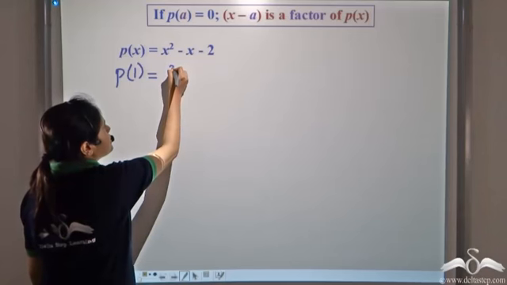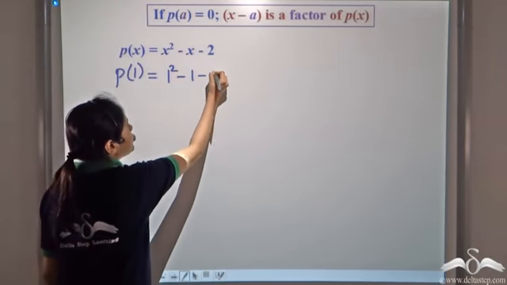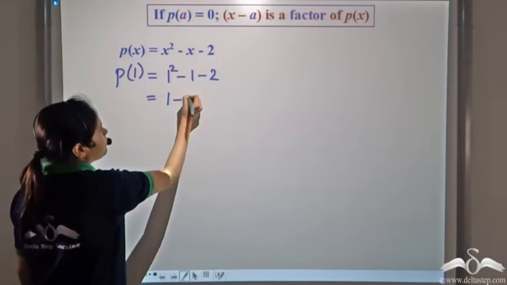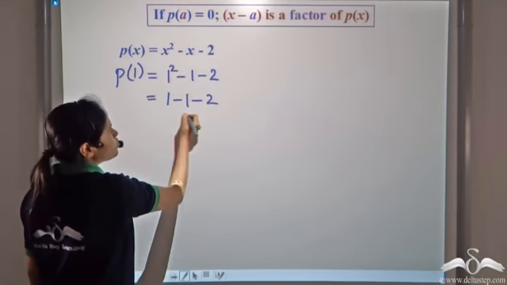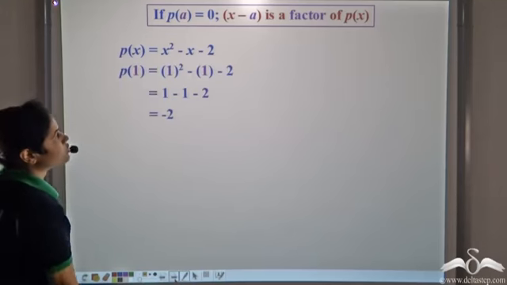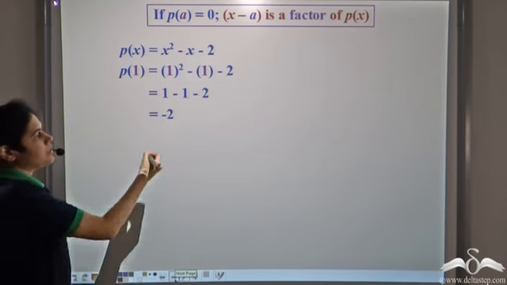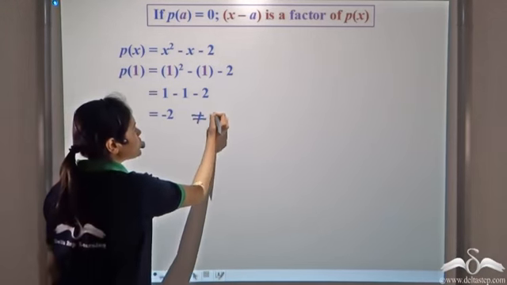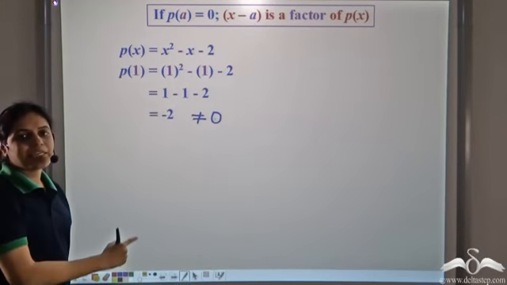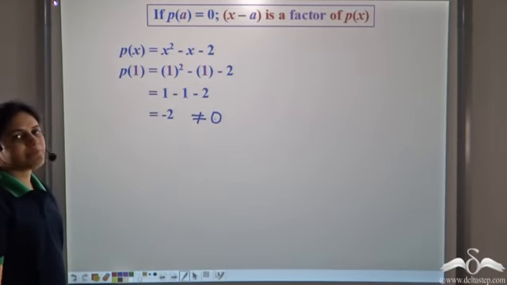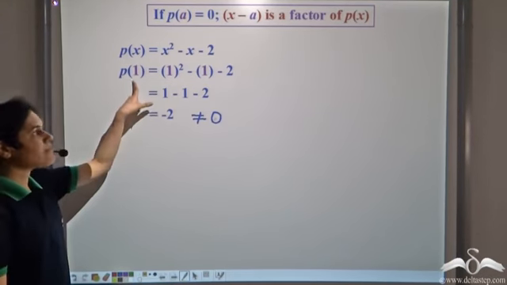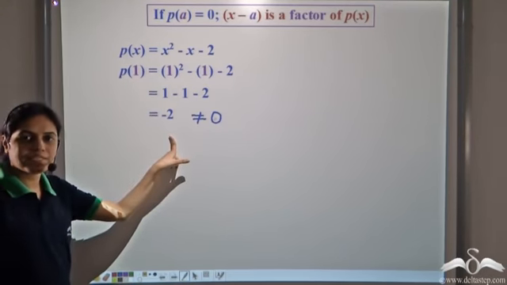P(1) is 1 square minus 1 minus 2, which is equal to 1 minus 1 minus 2, which is equal to negative 2. This is not equal to 0. So x minus 1 is not a factor of P(x), because P(1) is not equal to 0.